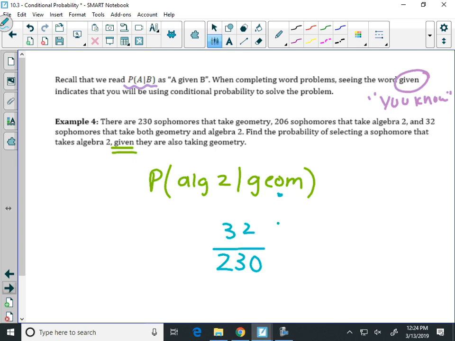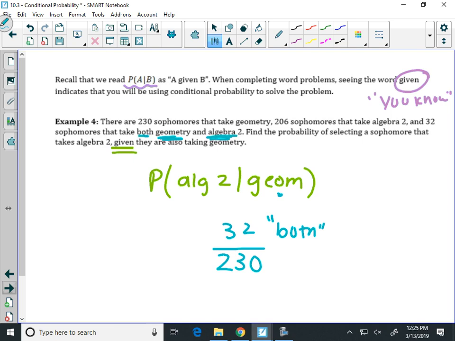I like to think the thing that has both always goes in the top with the word problem. Whatever comes after the word given goes in the bottom, and whatever has both goes in the top. Because of those people taking geometry, how many are also taking algebra 2?